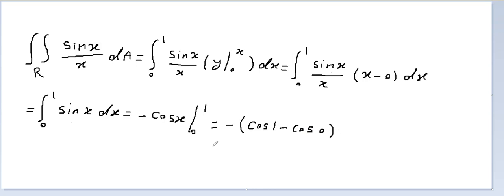So this equals minus cosine 1 minus, and look at here, cosine 0 is 1, so plus 1. So the answer is minus cosine 1 radian plus 1. So you can see when we switch the order of integration, we can solve this integral.